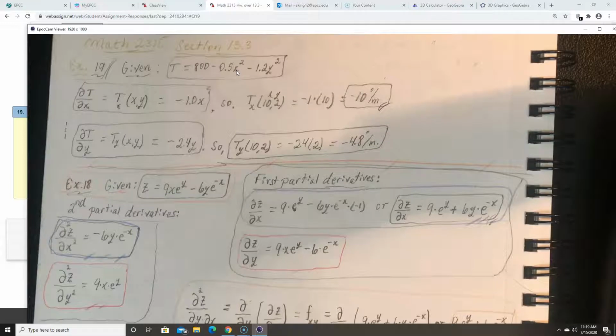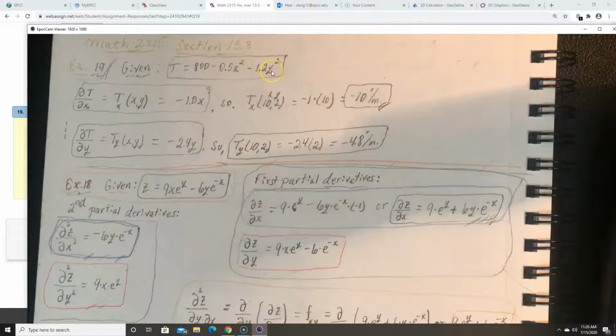If this is a constant, pretend this was a 4 squared, well, that would be 16 times negative 0.5, which is negative 8, and the derivative of negative 8 by itself would be 0. You say, well, how do you know x is 4? I don't, but it can be any fixed constant. So regardless of what fixed x value it is, the derivative will still be 0. And the derivative of 800 by itself is 0.